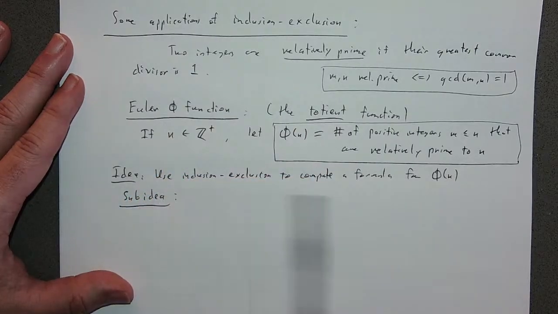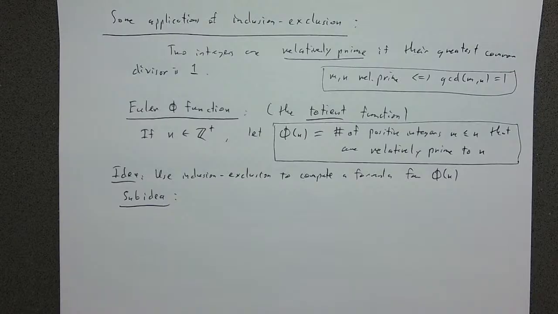If this is what I'm going to do, right? If my plan is to use inclusion-exclusion to compute a formula for this, how would inclusion-exclusion help me here? I need to define a set and list a number of properties, such that the number of elements in the set satisfying none of the properties is exactly phi of n.